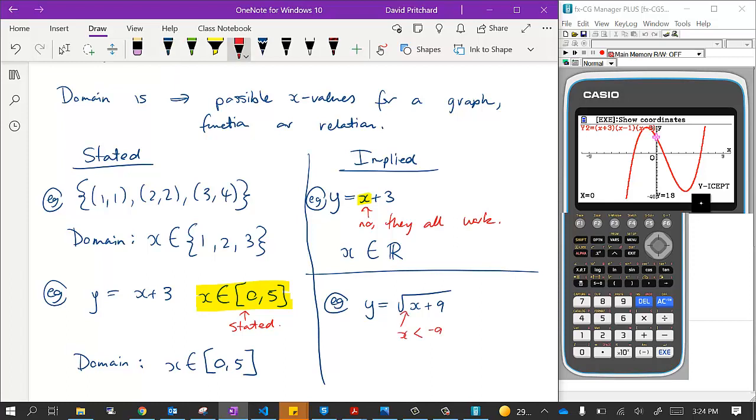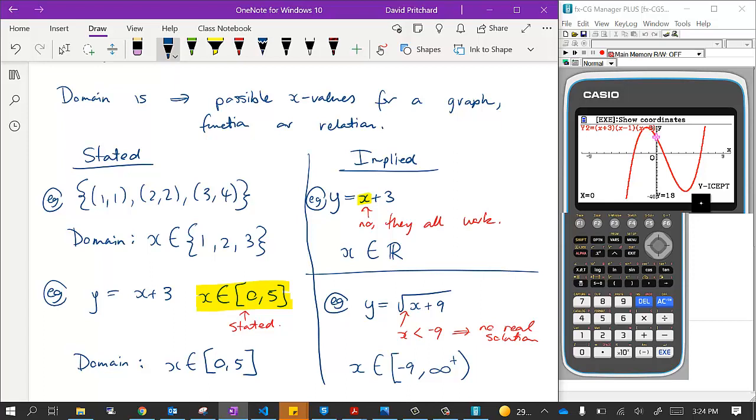If x is less than negative 9, then this is going to be no real solution, and that's going to break our scenario. So that tells us, with this implied domain, that x is an element of, our smallest possible value is negative 9, because if we put in negative 9, we get 0, and that's okay. And our biggest possible value, obviously, is unlimited. We can go up to positive infinity.